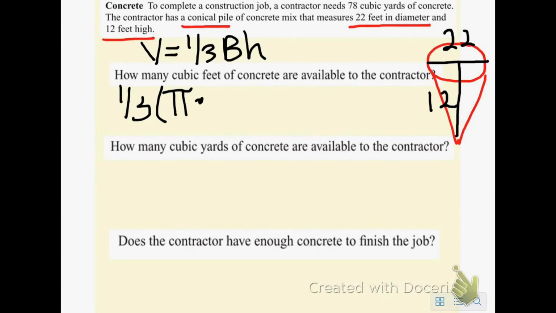If the diameter is 22, the radius has to be half of that, which is 11 squared, times the height of the cone, which is 12.